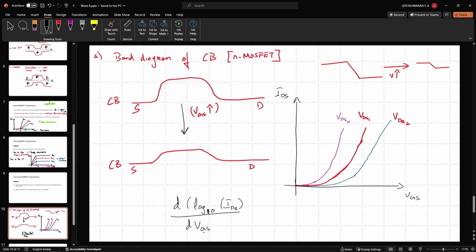We shall essentially look at this quantity. Now log will effectively tell us the power of 10 that is closest to IDS. So how many powers of 10 is changing when I slightly shift VGS? That will tell us which of these three curves I need to choose.